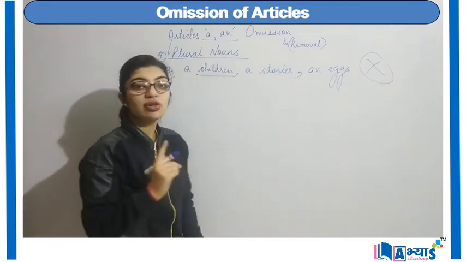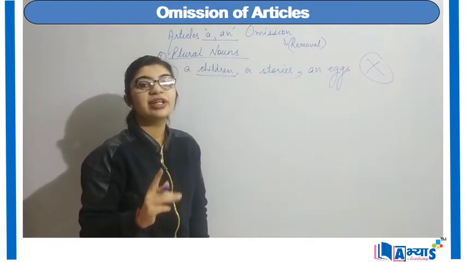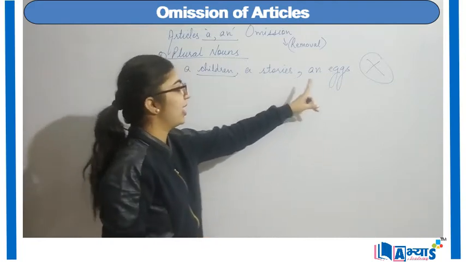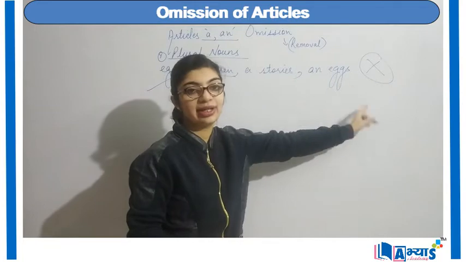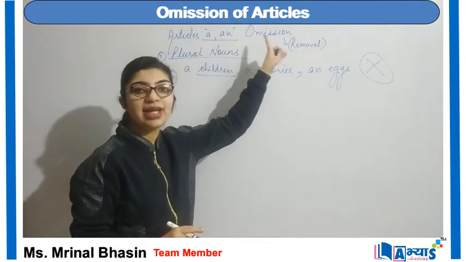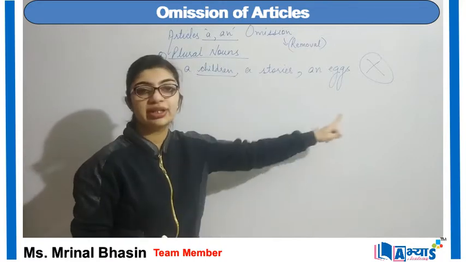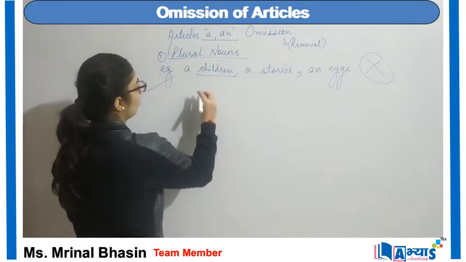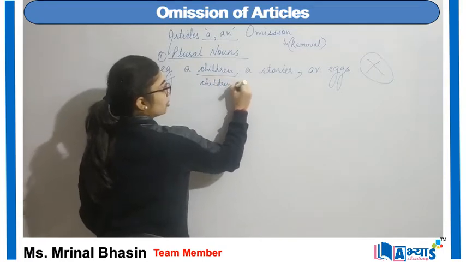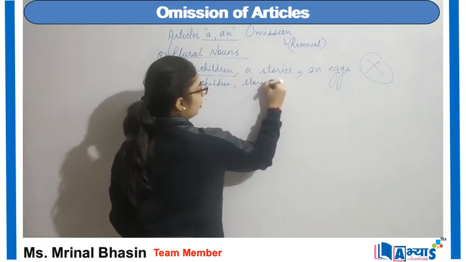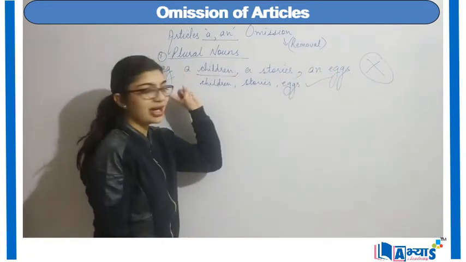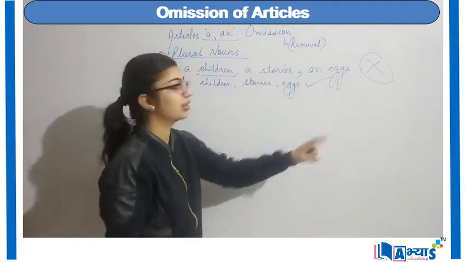Because children is the plural form of child, stories is the plural form of story, and eggs is the plural of egg. For a single unit we will always use a and an, but for plural they are never used. So we will say children, stories, eggs. This is correct, but this is wrong.